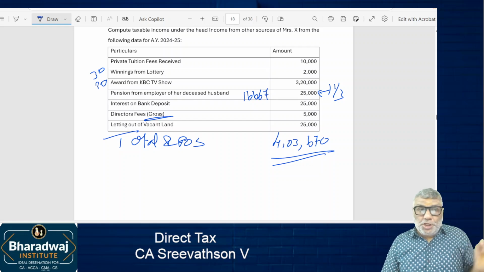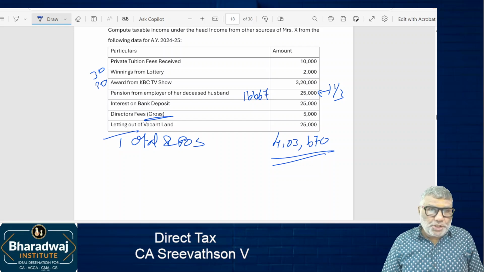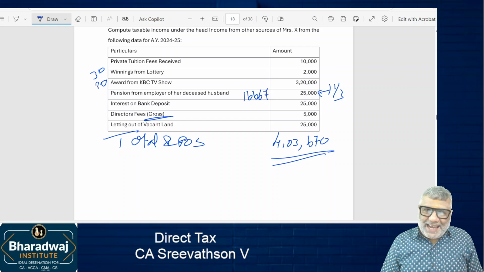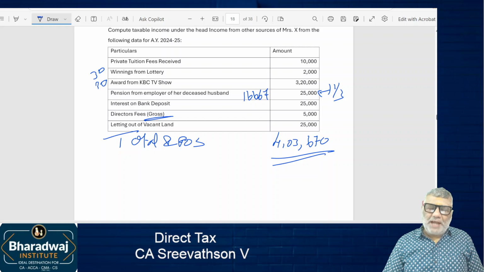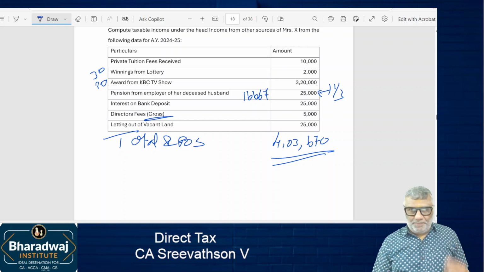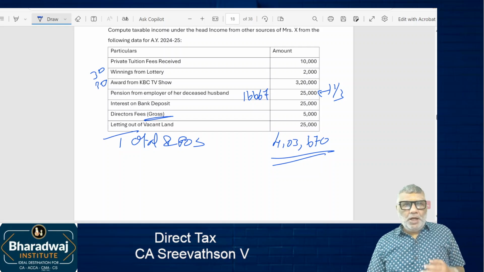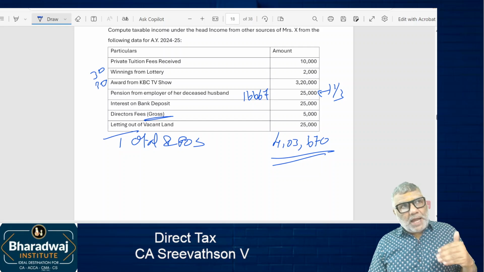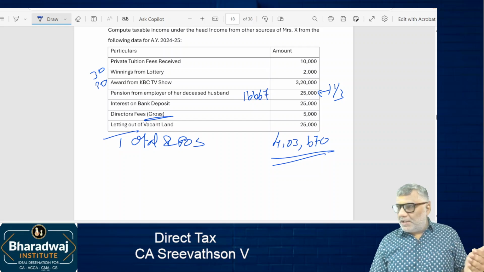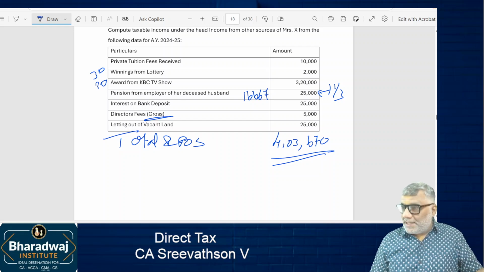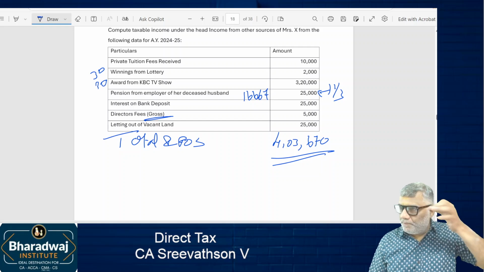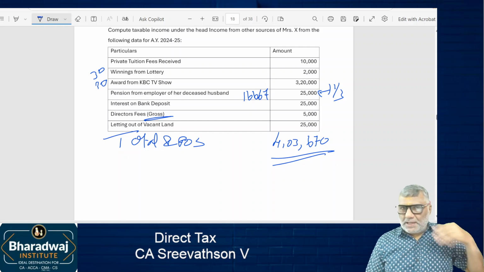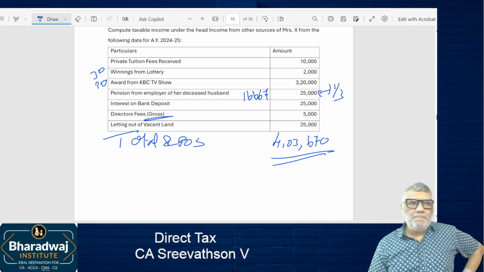Otherwise, speculation against speculation, specified against specified. General business loss can be set off against any income other than salaries. Carry forward and set off can only be against business income, which means general business loss can be set off against specified business income or speculation business income. Vice versa is not possible. Those are also business, so it can be set off.